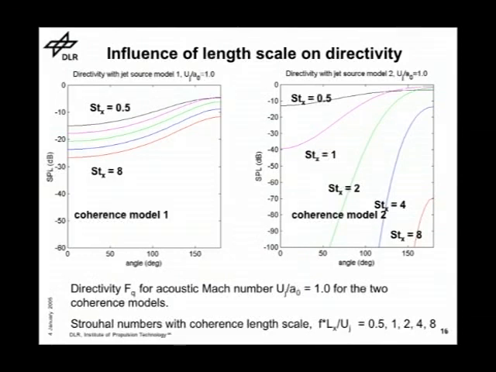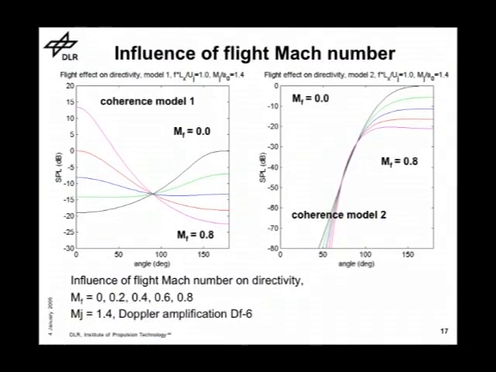Now the flight effect. So these previous results were without flight effect, now with flight effect. And you see a very interesting result. Coherence model 1 gives a strong forward arc amplification, and the coherence model 2, almost no forward arc amplification. So in this case, the Mach number is not 1.4, the acoustic Mach number, which is relatively low, but this is, and Mach 0.8 would be a cruise Mach number of an aircraft.